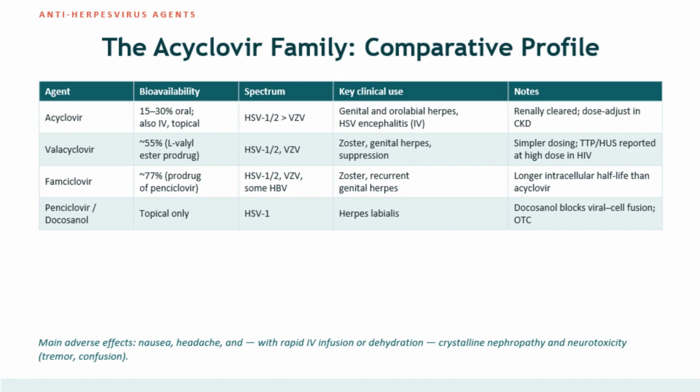Your gut and liver esterases strip it off, and absorption jumps to around 55%. Famciclovir does the same trick for penciclovir. So the mechanism is identical, the pharmacokinetics are what you're actually choosing between. Clinically, that means fewer tablets a day and better adherence.